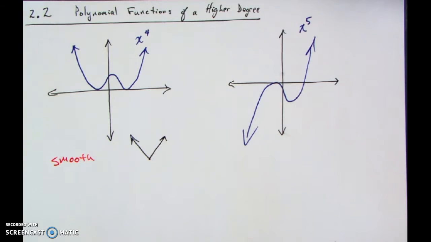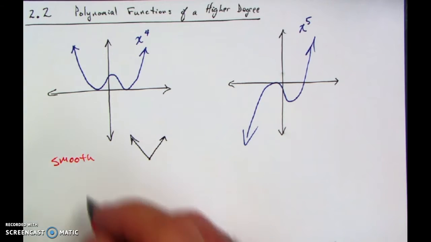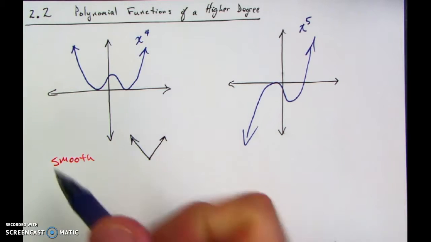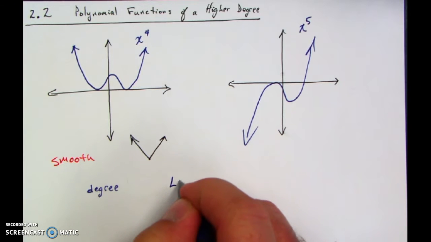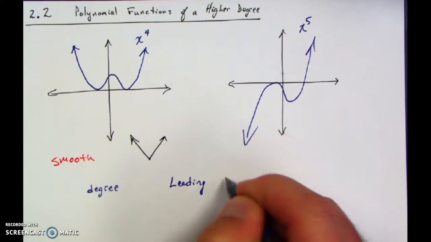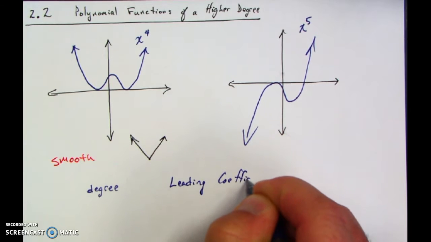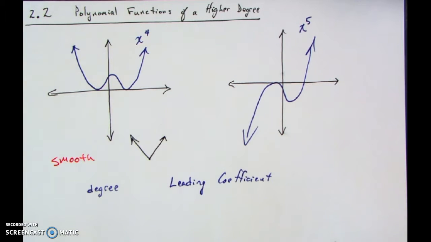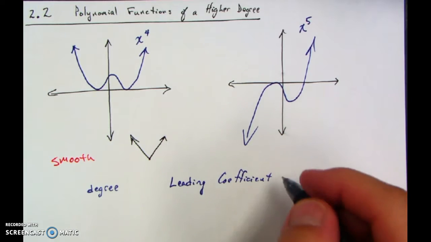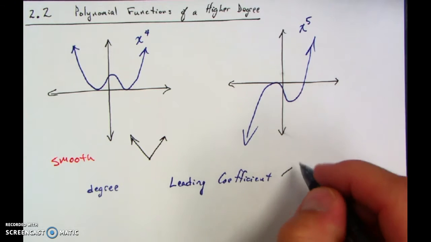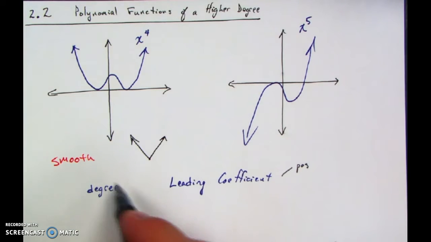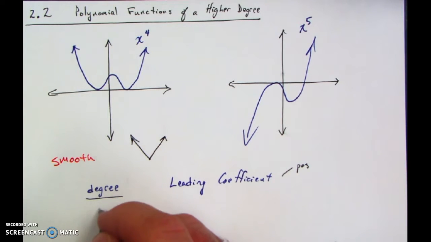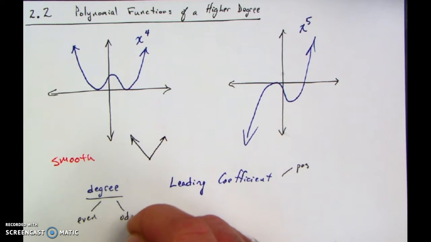When we're sketching the graphs, the first thing we look at is the degree and the leading coefficient. Again, with the degree, we're looking at is it even or is it odd?